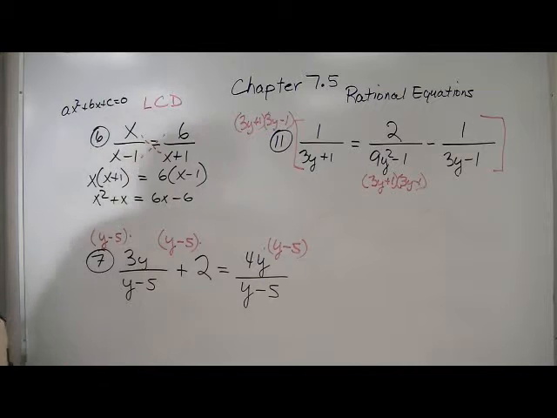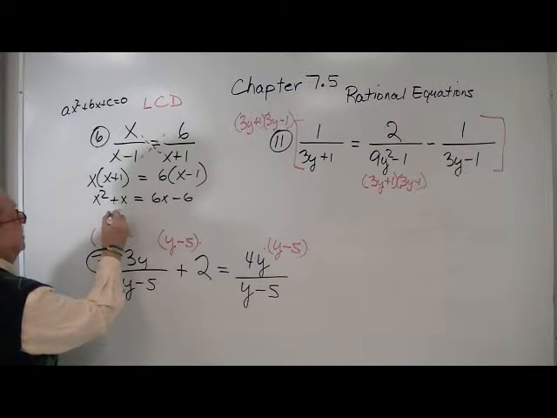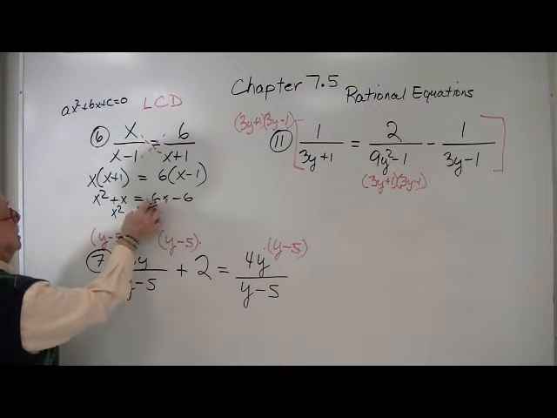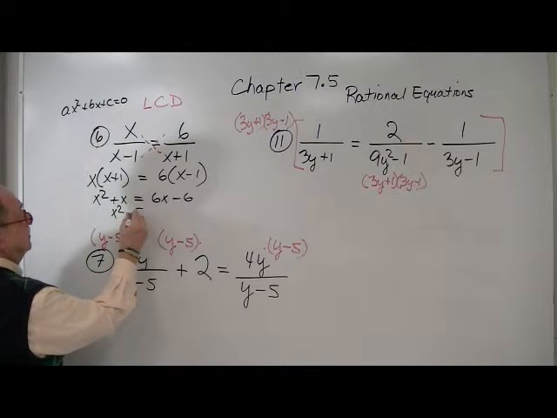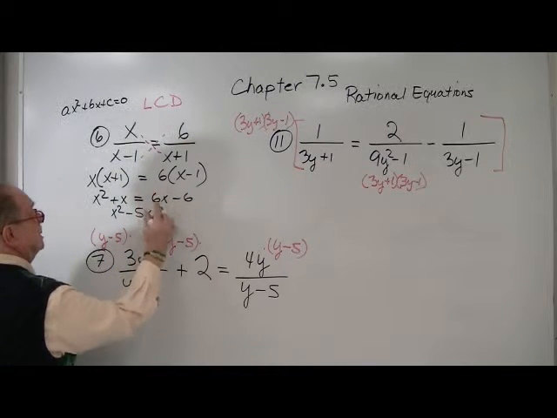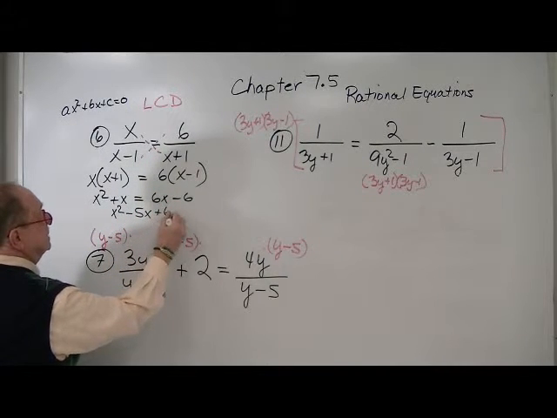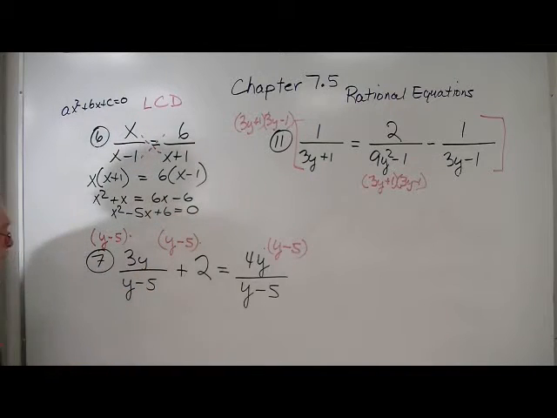Standard form of the quadratic equation. So what we need to do is bring everything over to this side. So this is going to become x squared. Bring this over, it becomes a negative 5x. Bring this over, it becomes a positive 6. And that equals 0.